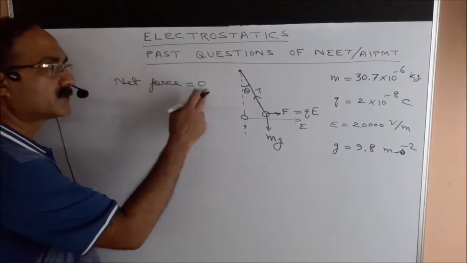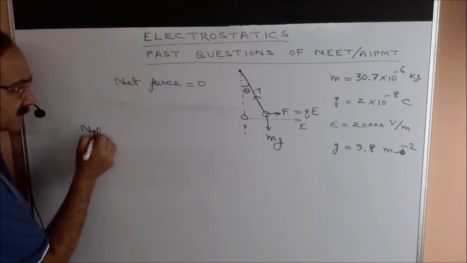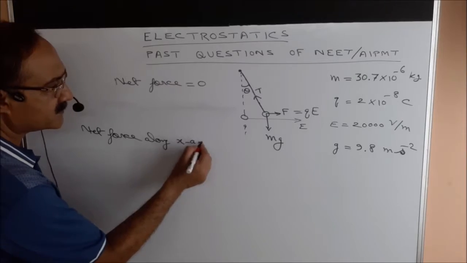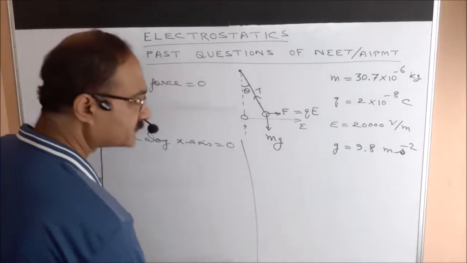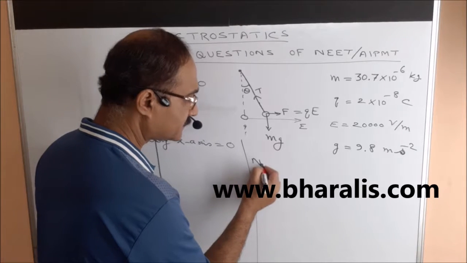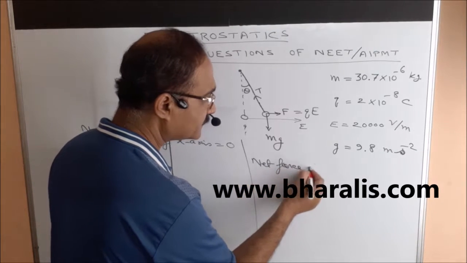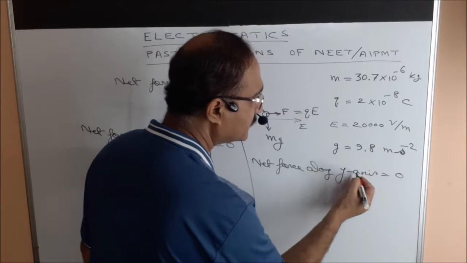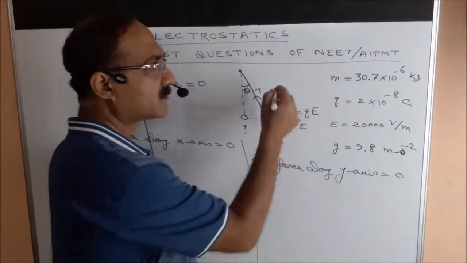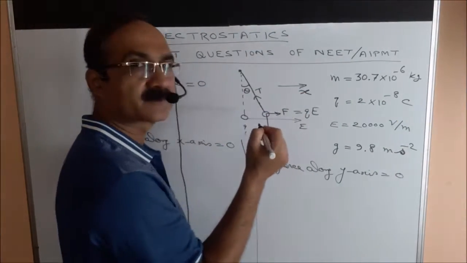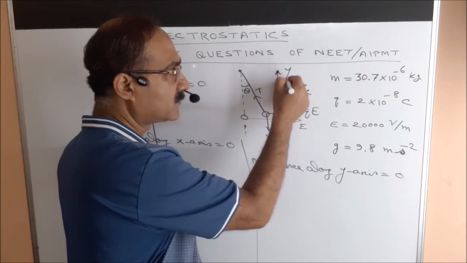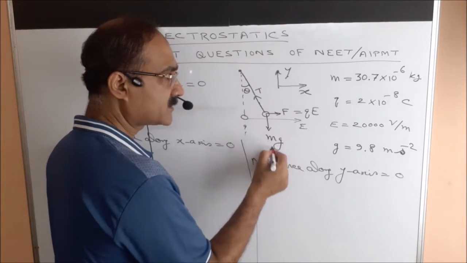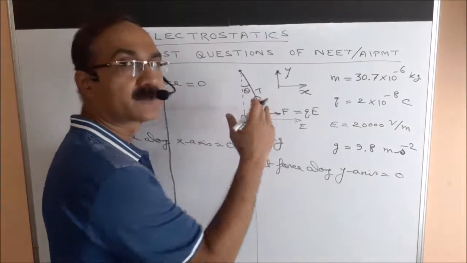Net force is 0 implies that net force along x-axis is 0 and net force along y-axis is also equal to 0. Let's consider the horizontal direction to be x-axis and the vertical direction to be y-axis. So this is along x-axis, this is along y-axis, but the tension T is inclined to the axis.